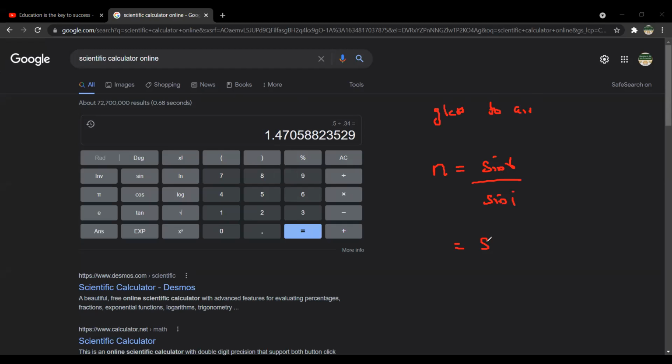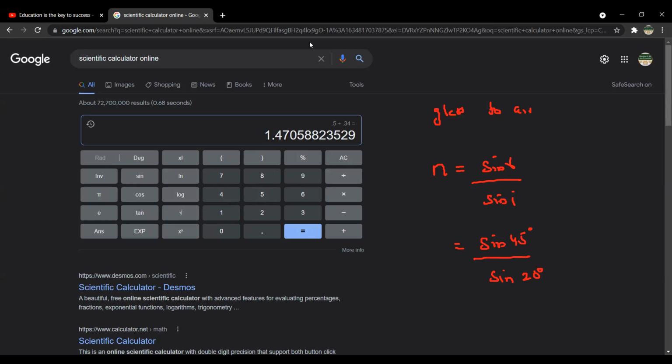So sine R, the angle of refraction, is 45, and sine I, the angle of incidence, is 20. Whenever you are using a scientific calculator, always remember that your calculator mode should be in degrees. So it is in degrees now.